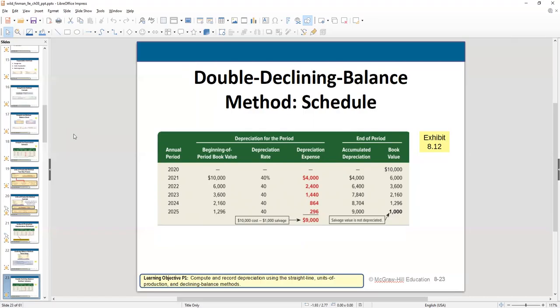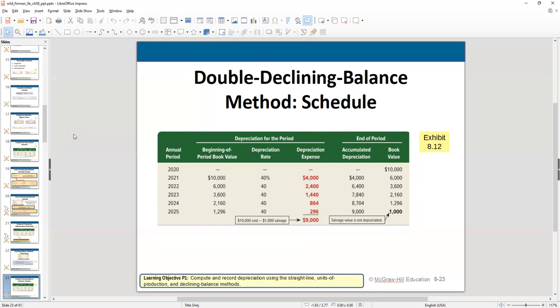Now it's up to $6,400 accumulated depreciation. And we're going to subtract the $2,400 from the $6,000. That gives us a book value of $3,600, which we'll put in the far right column. Going to carry that over to the first column in 2023 and start the process all over again.